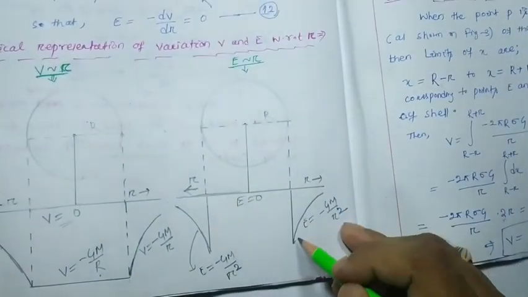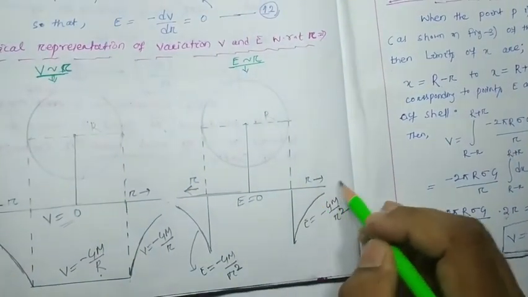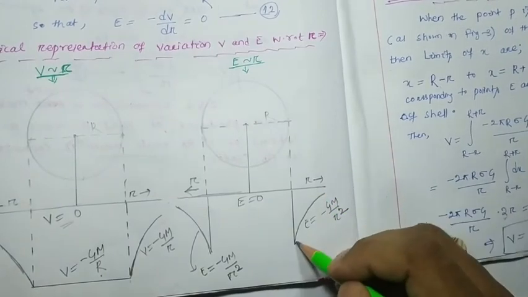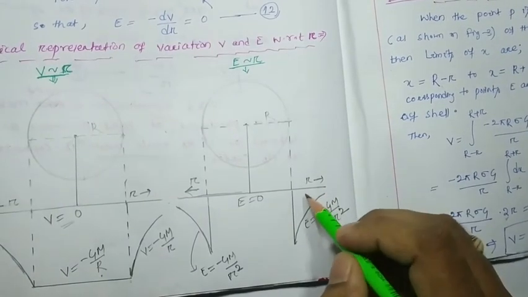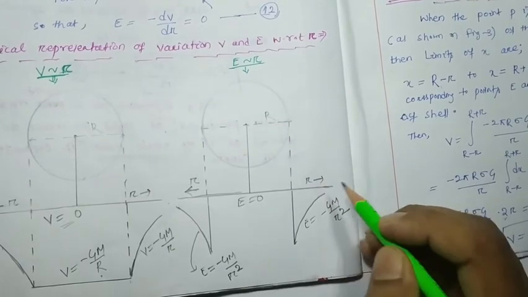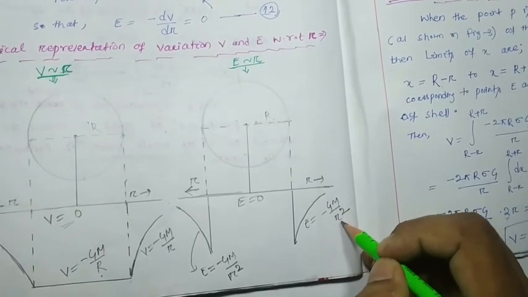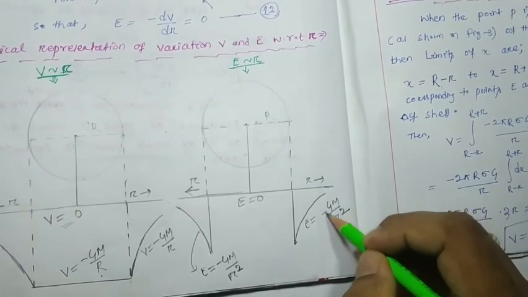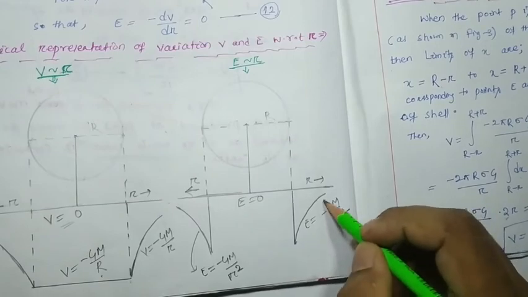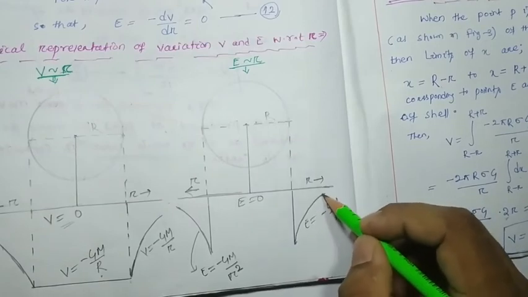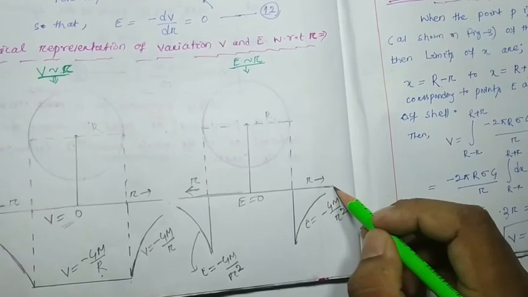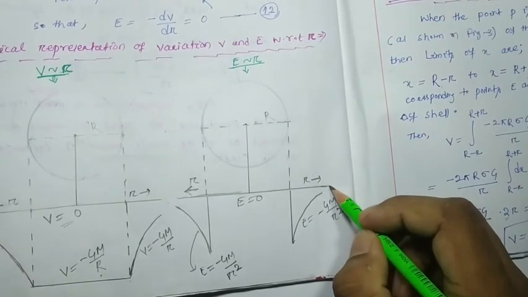And if you consider outside the sphere, it also decreases, going towards the value 0. As r increases, this value decreases, and as it is minus, it moves towards 0, right?